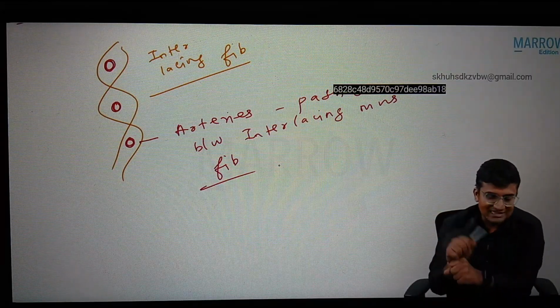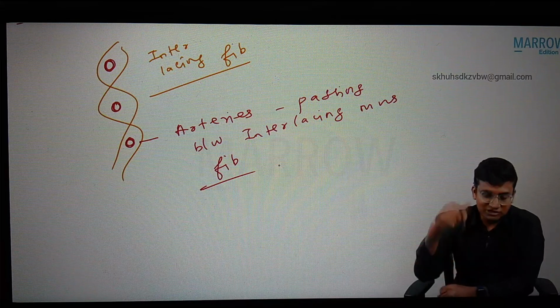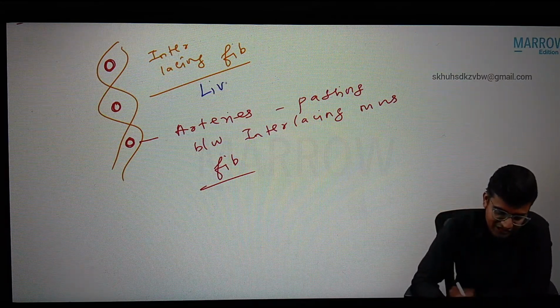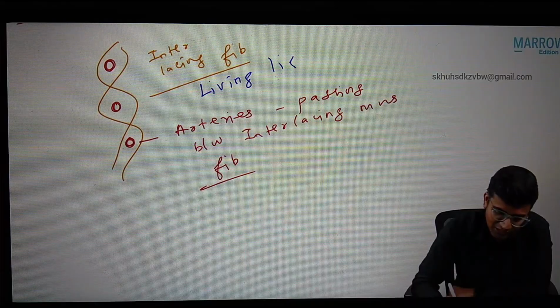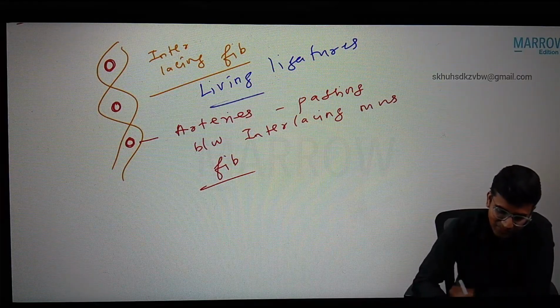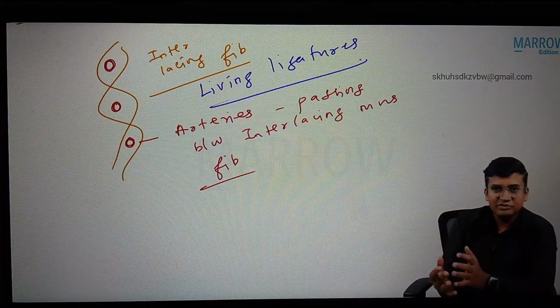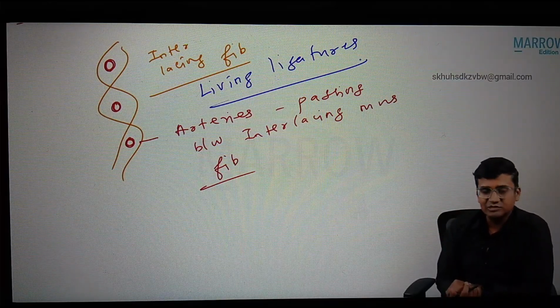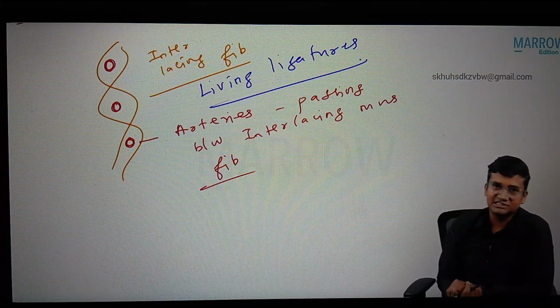What happens? They constrict the blood vessels. So, these interlacing muscle fibers are also called living ligatures. Clear? When these muscle fibers contract, they constrict the blood vessels, and that is why the interlacing muscle fibers are also called living ligatures.